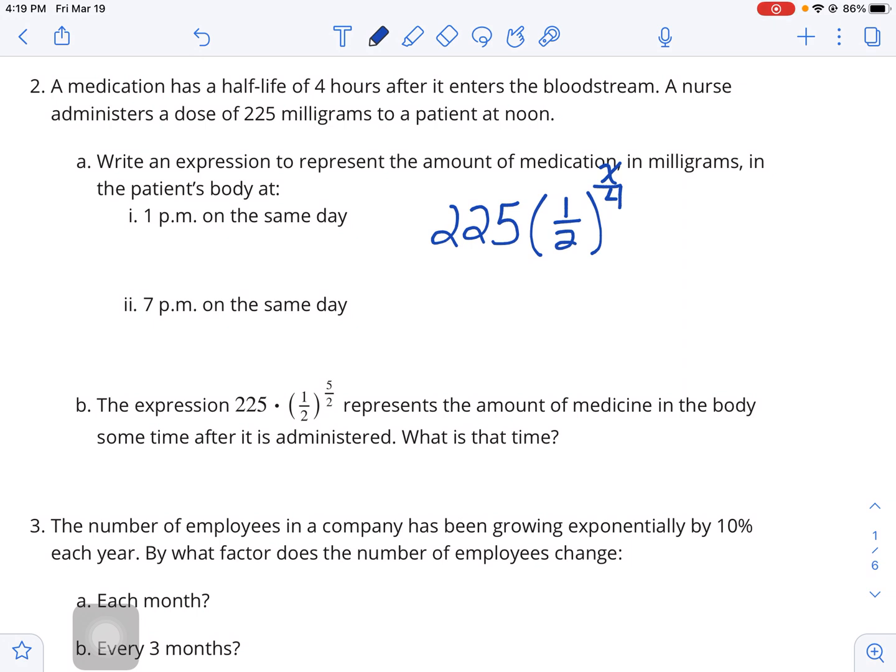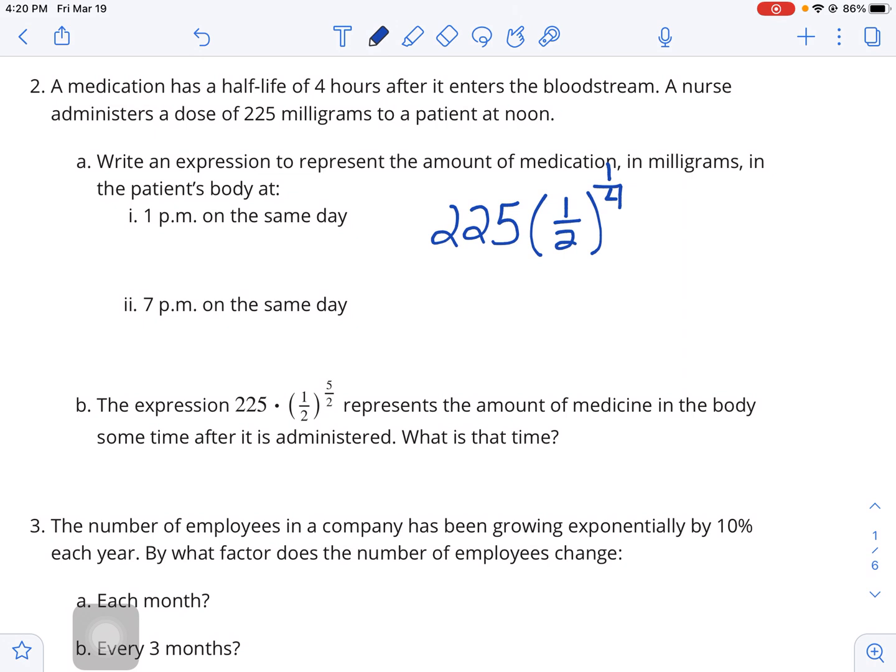So at 1 p.m. on the same day, we would be multiplying by 1/2 to the 1/4 power. So we'll put a 1 up here, and that would be the expression for after 1 hour.